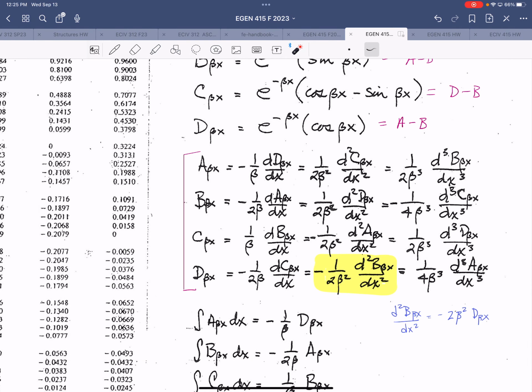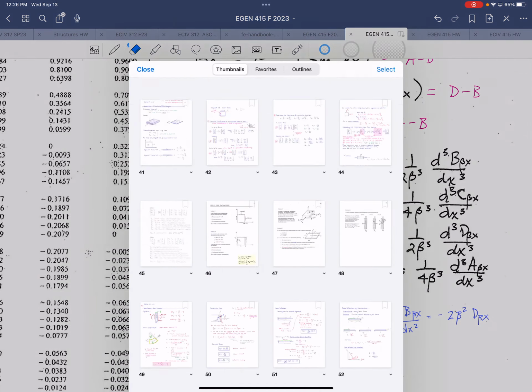The fourth derivative of A is just itself. Third derivative of A equals D, and then the derivative of D equals A. It would be modified by a factor of beta something, but yes, you're right. It would be A related to A at the fourth derivative. Good observation.